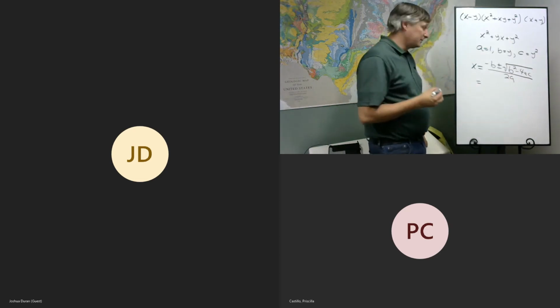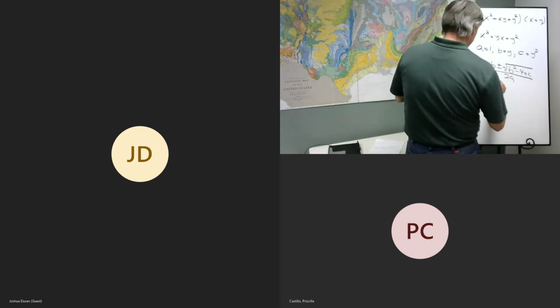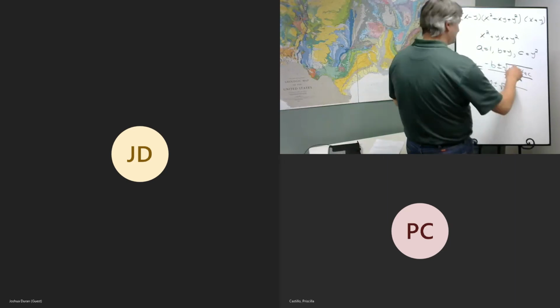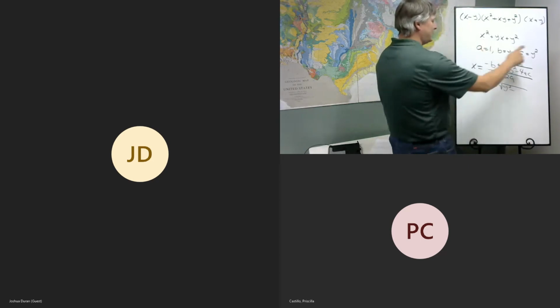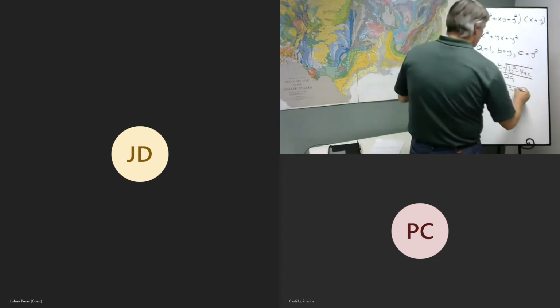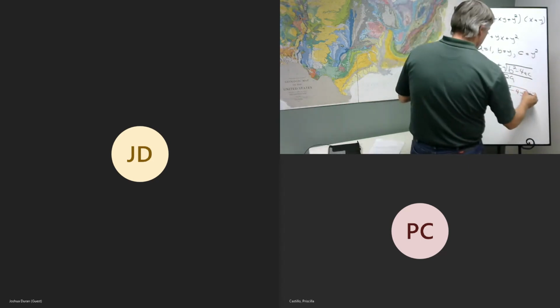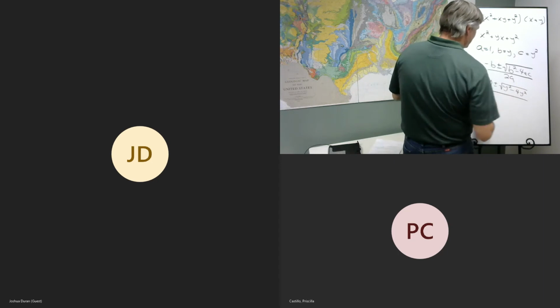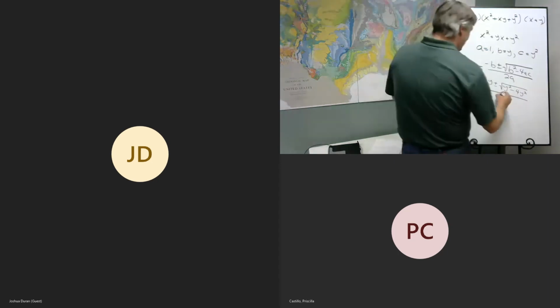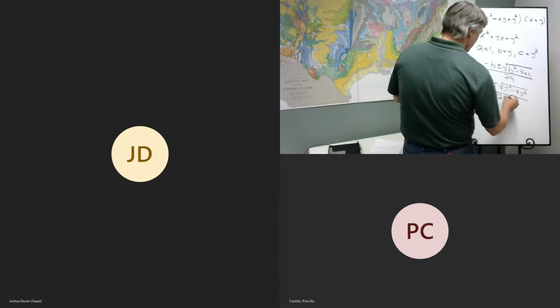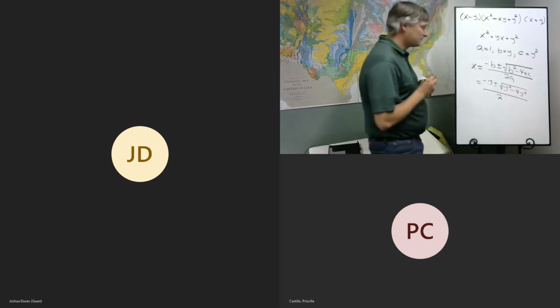Let's see if this works. Negative y plus or minus y squared minus 4 times a times c. So 4y squared. And finally, we divide by 2a, or 2 times 1, which is just going to be 2.